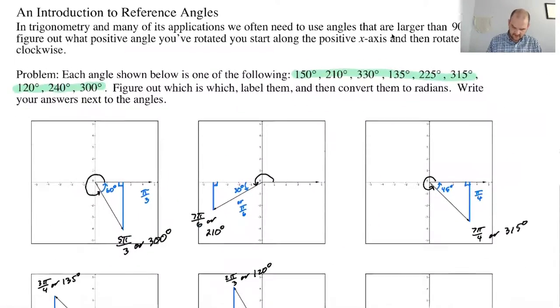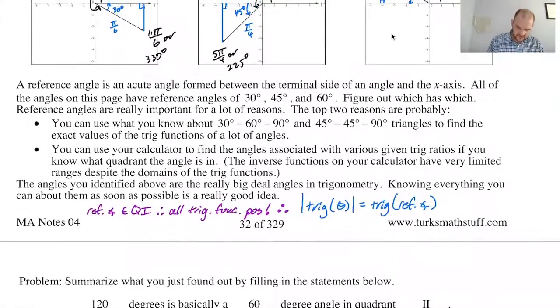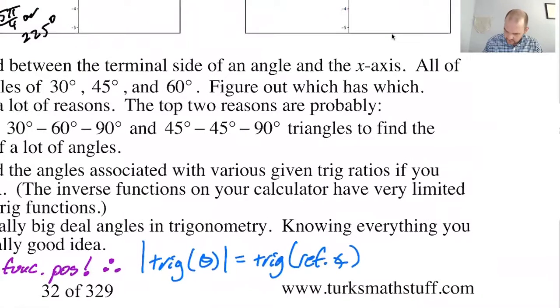So actually, I'm a fan of this picture, which again, who spaced this out? Your only possible reference angles will be, you've got to draw one of these triangles. So let me see if I can do it.